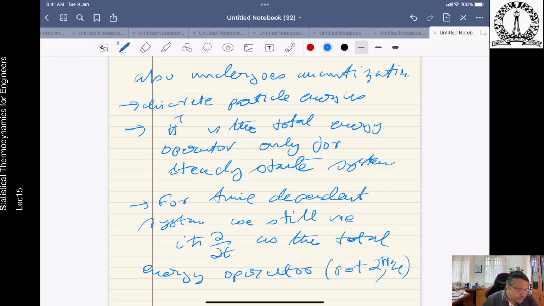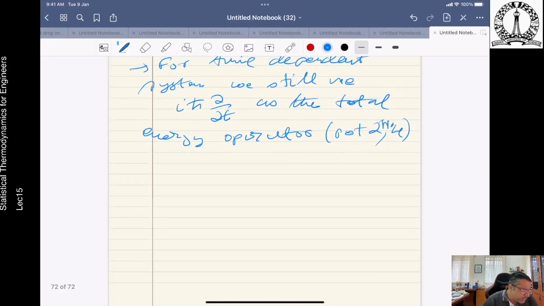So this is like the average observable value of any dynamic variable which is explicitly independent of time.